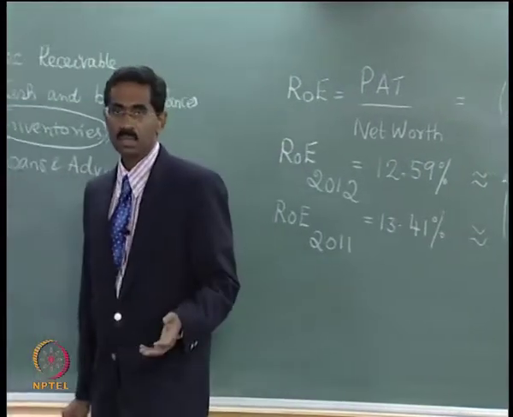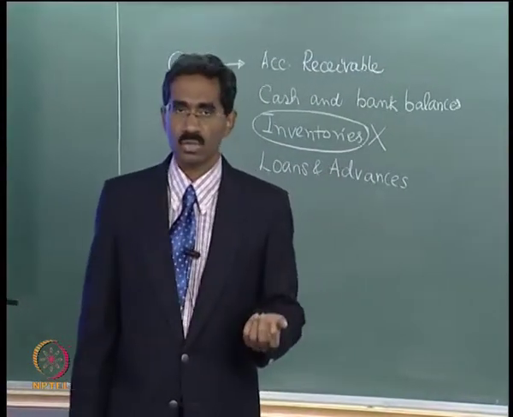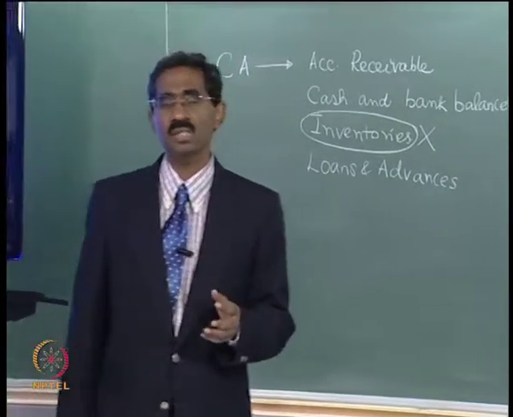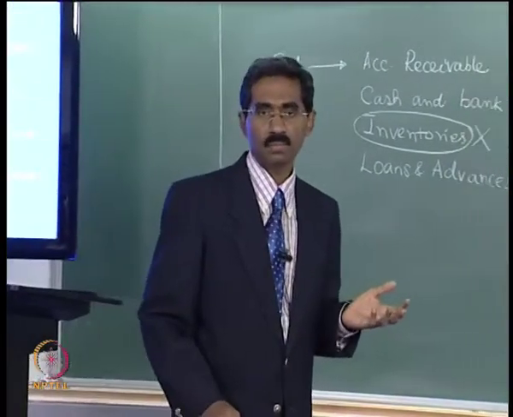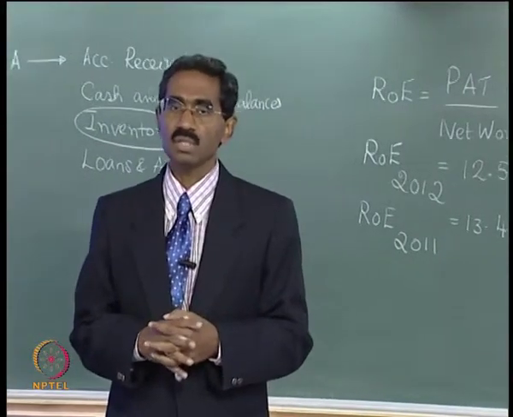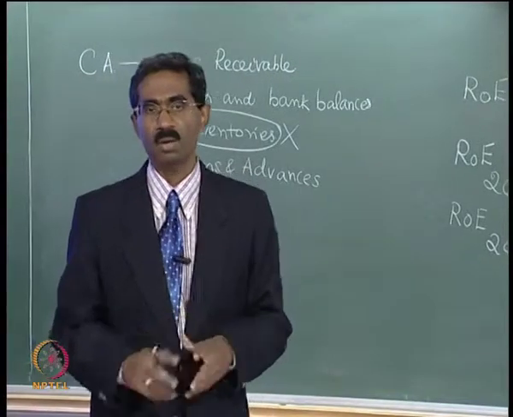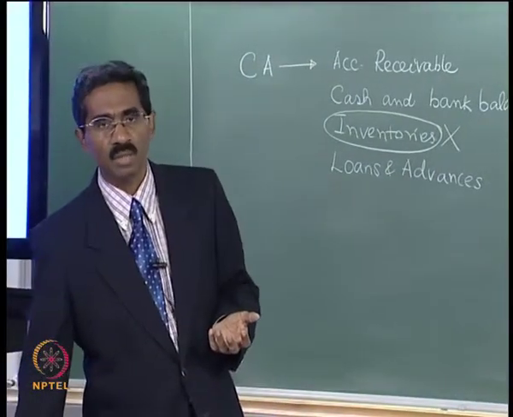Now the next step for us would be to understand why the profit margins reduced. This ratio analysis has given us an indication as to where we should be looking in terms of finding out the reason for the performance that has slightly deteriorated in 2012.